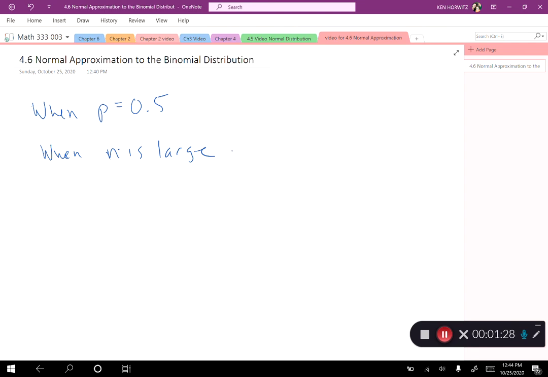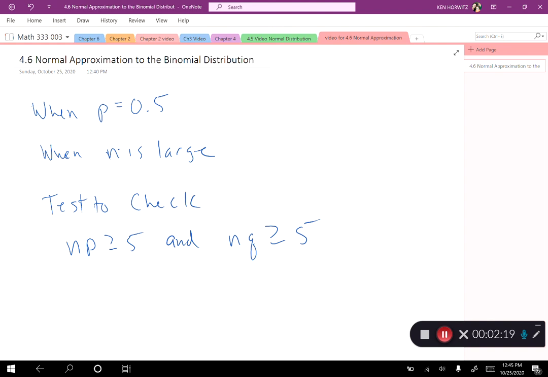So the test we have to check if we have a problem where we could use the normal distribution as a good estimate is that if n times p is greater than or equal to 5, and n times q is greater than or equal to 5, then both of those are true, and we could use the techniques we've just learned for a normal distribution to solve these binomial type problems.